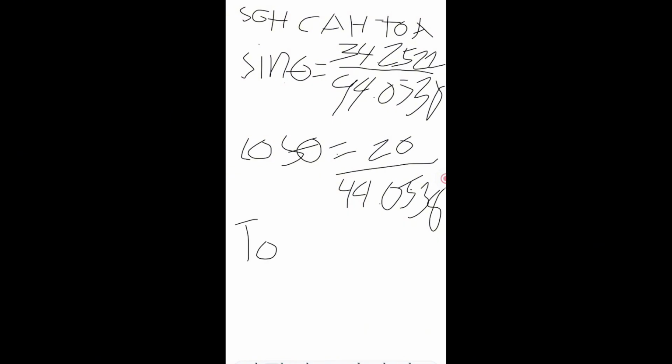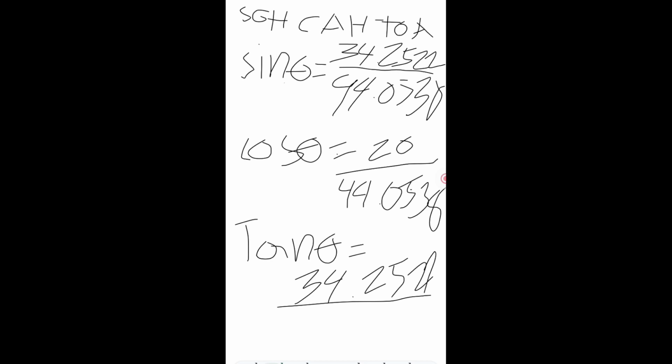Tan theta will be opposite over adjacent, and that is 34.2522 over the adjacent, which is given as 20, and that's it.